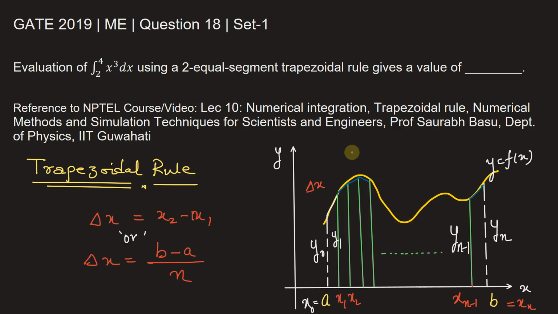Now it is also established that the function f of x is continuous in the closed interval a to b.